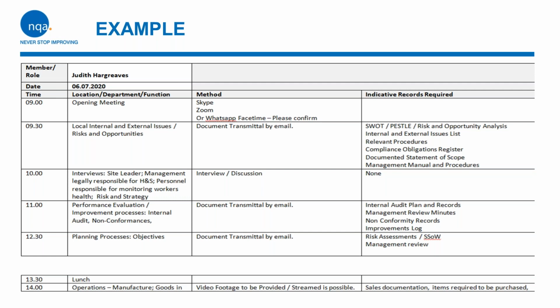The idea is that this information will come through to you, so you've got a much clearer idea and can feel more confident in the process. This is the time, this is the area we're covering, this is how we're going to be engaging, and these are the records you want to see. This is an indication of the kind of plan that will come through to you as a client.